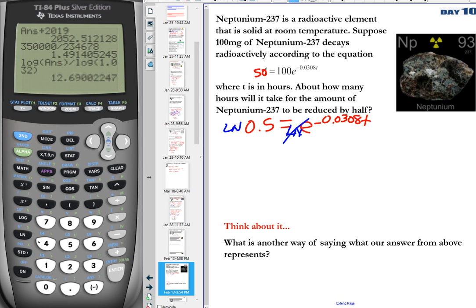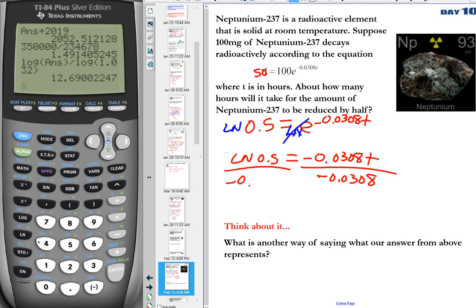Bam, it's gone. So I get ln of 0.5 is equal to negative 0.0308 T. Divide both sides by negative 0.0308. Wait, Mr. Romero, you said I wasn't going to divide. Oh, you're not dividing two different logs.